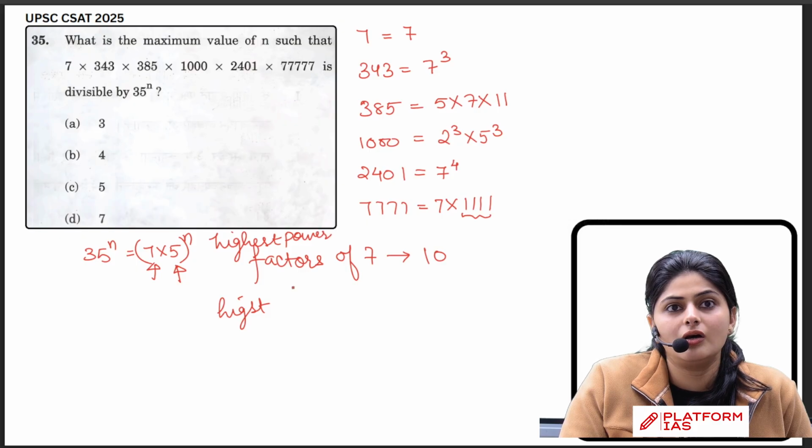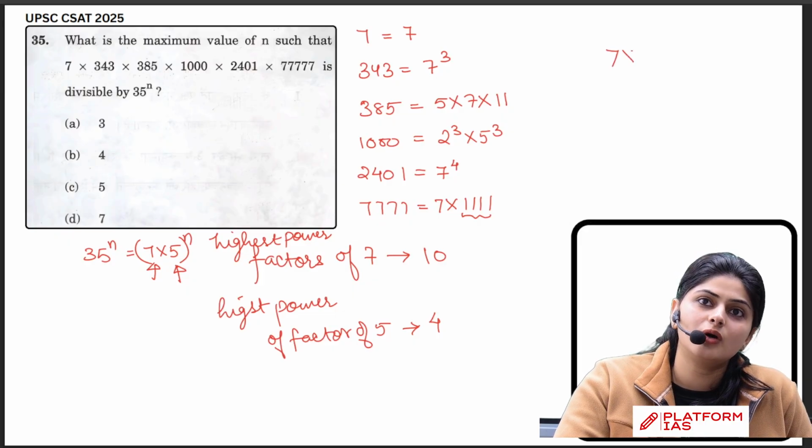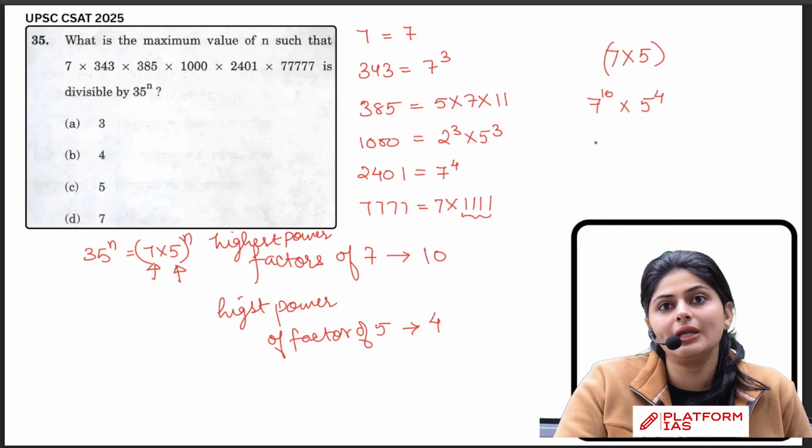power of the factors of 5 is 4. So when we have to see the combination of 7 times 5, if 7 is 10 times and 5 is 4 times, then how many can we make?